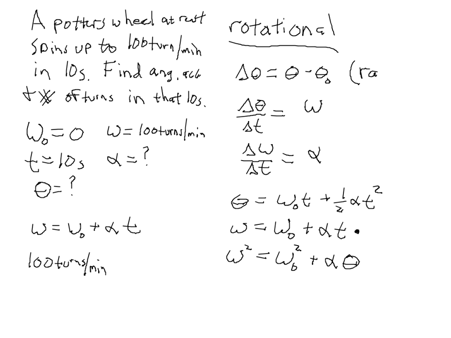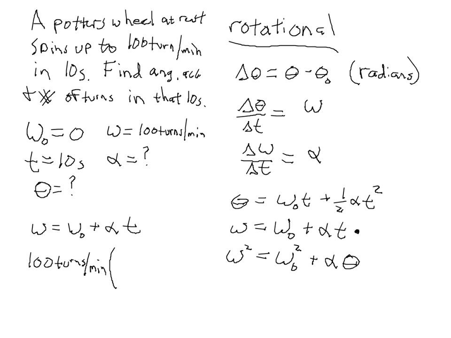The SI unit for angular displacement is radians, which means that the angular velocity should be measured in radians per second, because second is the SI unit of time. Well, this angular velocity is in turns per minute, not radians per second. So before we plug in the other numbers, let's convert this turns per minute into radians per second.